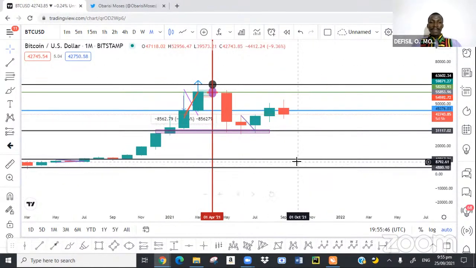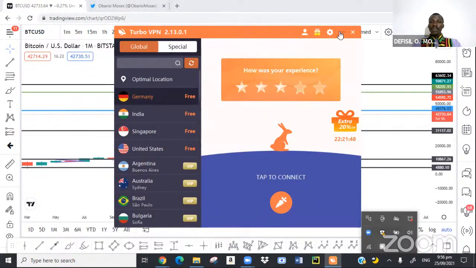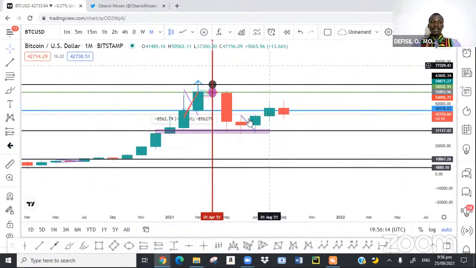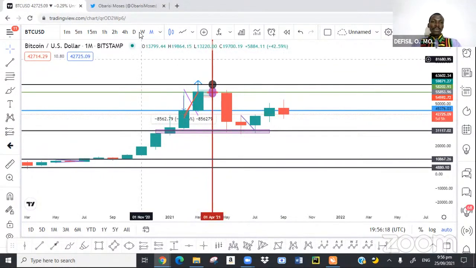Since it will have a direct effect on this market, it means that we still have the tendency of falling more, because that statement is a strong fundamental which drives every market. Fundamentals drive every market, no matter how strong the market is. Then let's go to the weekly.